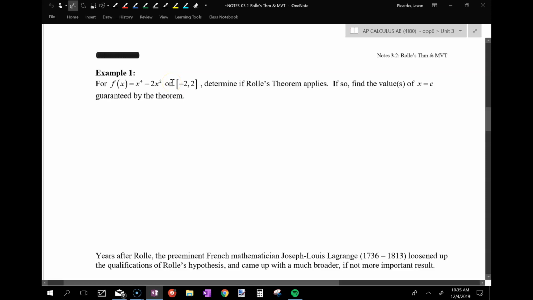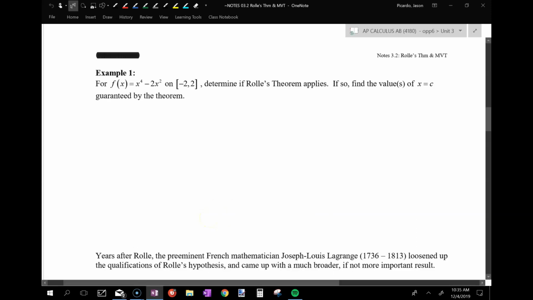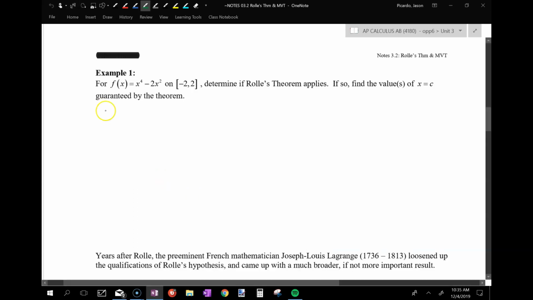Okay, so the third condition has to be that f of -2 and f of +2 give me the same value, right? That's what we got to figure out. Are they in the same y position?